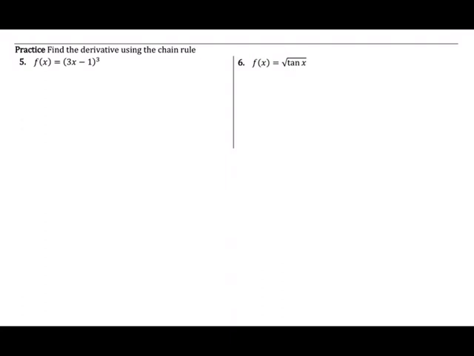Let's identify the inside function. On number 5, the inside function is 3x minus 1. Then we identify the outside function, which is something to the power of 3. When we take our derivative, f prime of x, we take the derivative of the outside function.